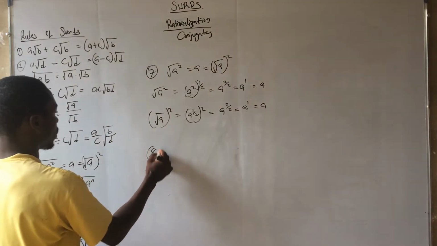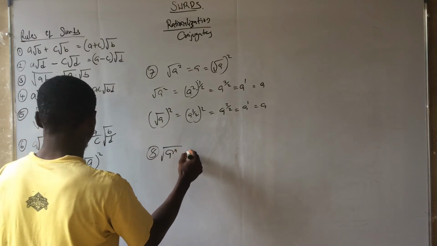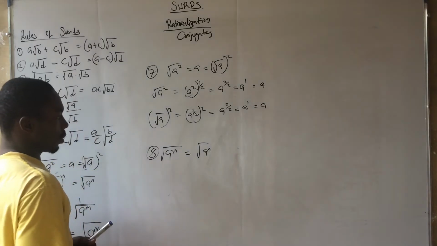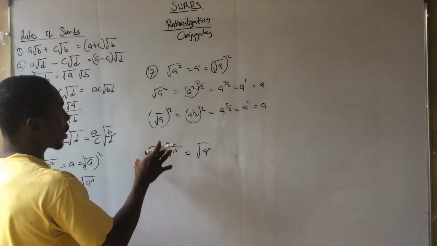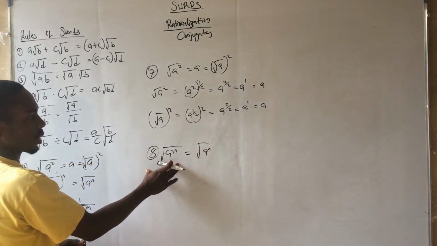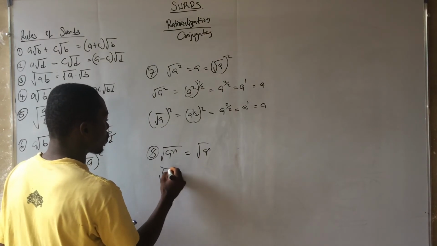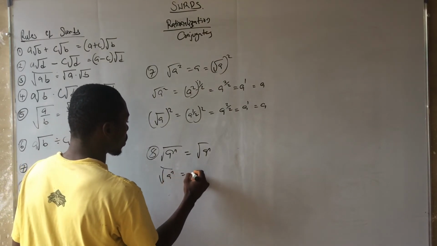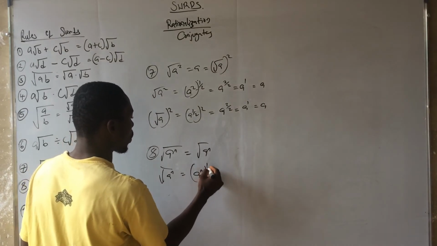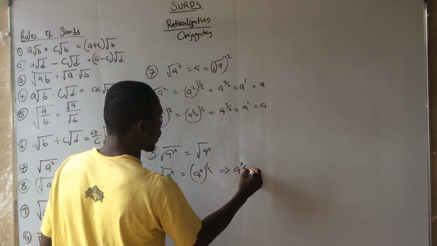Go back to number 8. Number 8 says a root n is equal to root a n. From this number 8, number 7 is a special case of this number 8, but let us prove it now. This is root a to the n, to be equal to a raised to the power n raised to the power 1 over 2. Now this is going to give us a raised to the power n over 2.